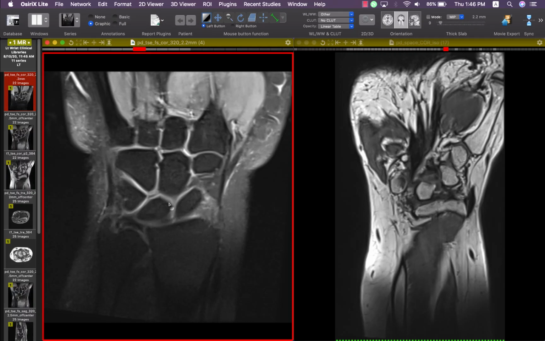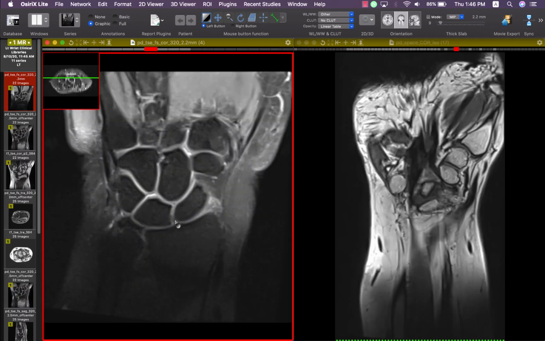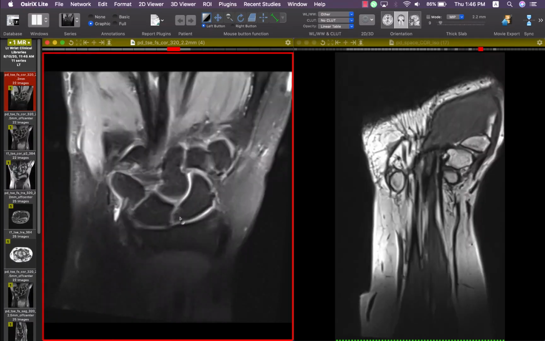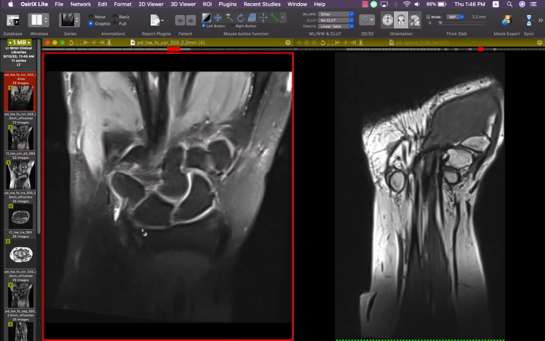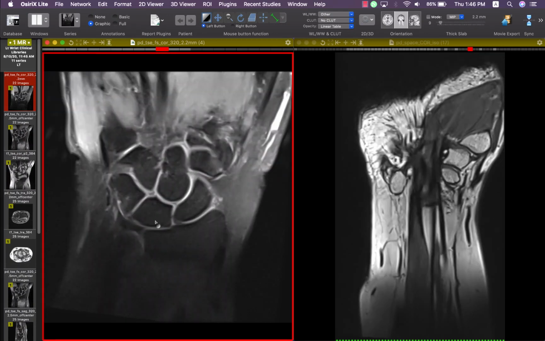So it appears that the triangular fibrocartilage is intact, but if we scroll ventrally, we can see here that the volar radioulnar ligament is intact, and we can see the direct attachment of the volar radioulnar ligament into the radial side, in contrast to the triangular fibrocartilage.